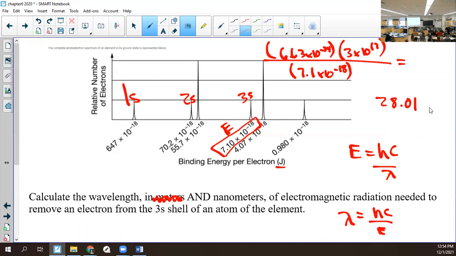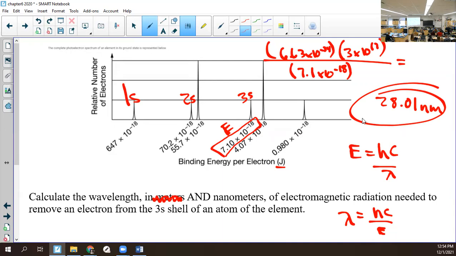Anyone back that number up? Yeah. Okay. So if we had light at 28.01 nanometers and we shined it on, does it say what this is? Whatever, we got three. So that's calcium, right? Yeah.